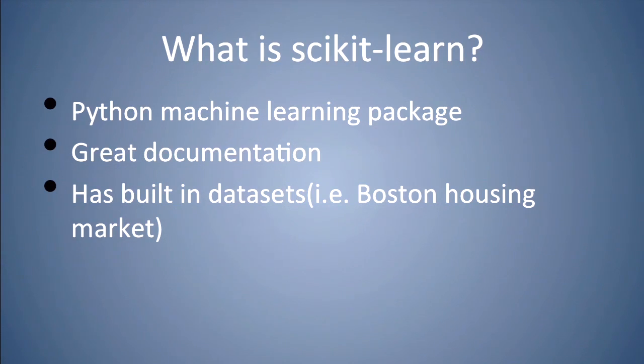So if you're new to machine learning and you don't want to go out and hunt for your own data set, you can use the data sets provided for you by the Scikit-learn documentation, such as the Boston housing market. However, after the presentation, if you're interested in hunting data sets, then I actually have some places that you can go to. I spend a lot of time hunting data sets.